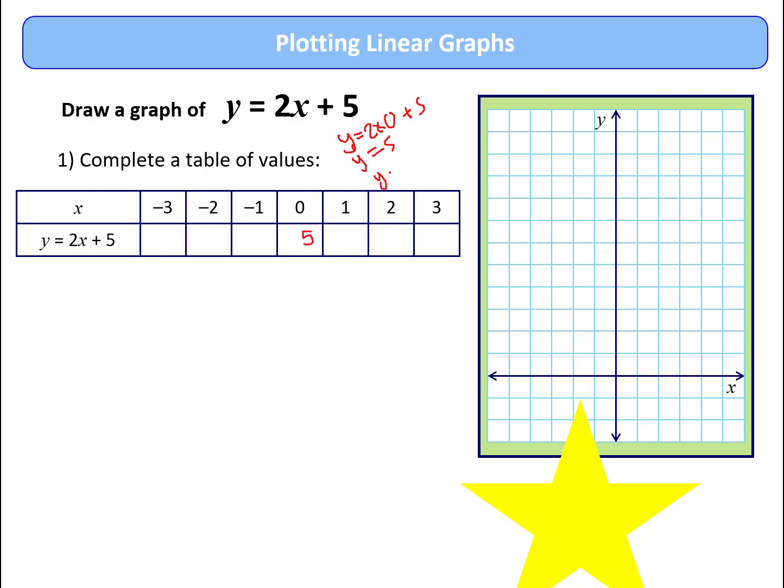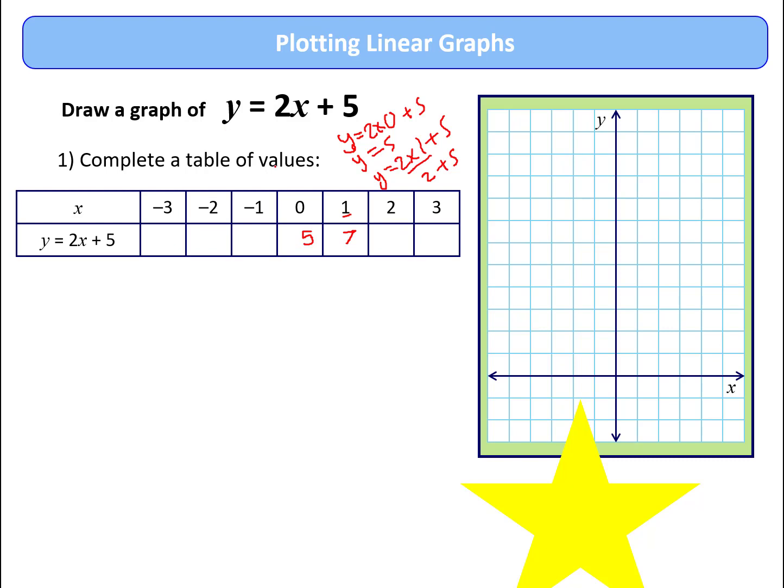Now let's do for x equals 1. So that's going to be 2 times 1 plus 5. 2 times 1 is 2, that comes 2 plus 5. So that's 7.